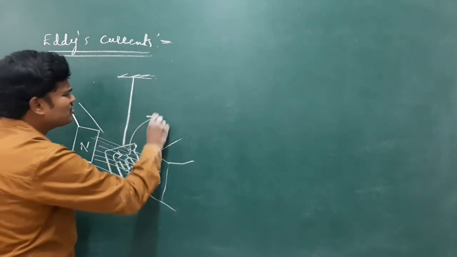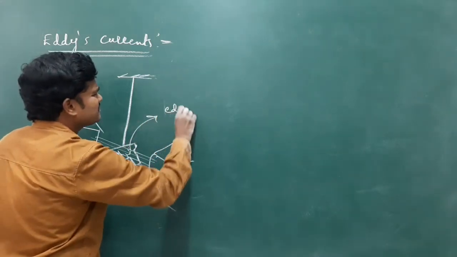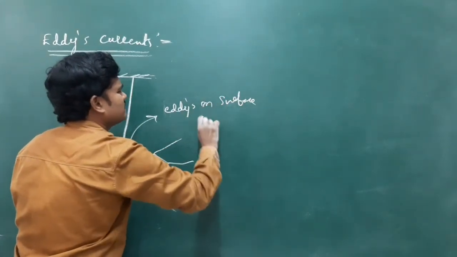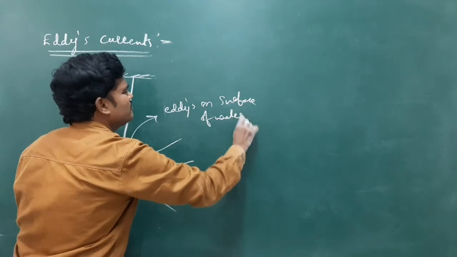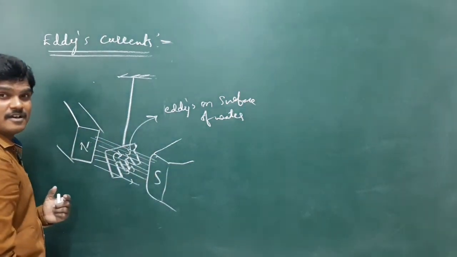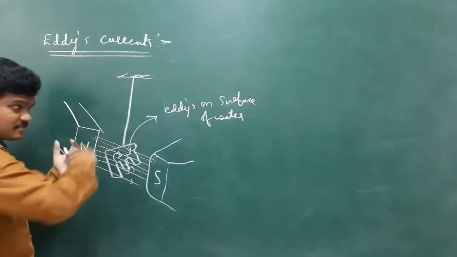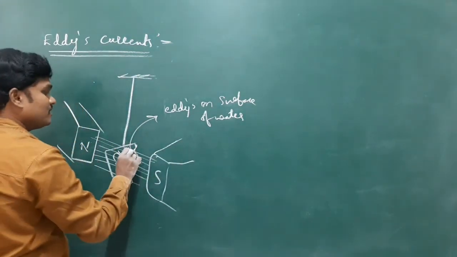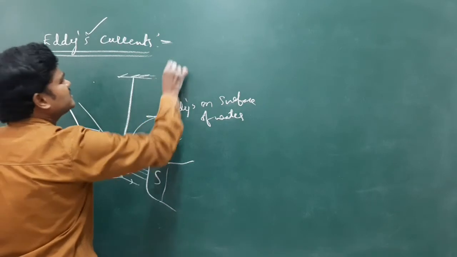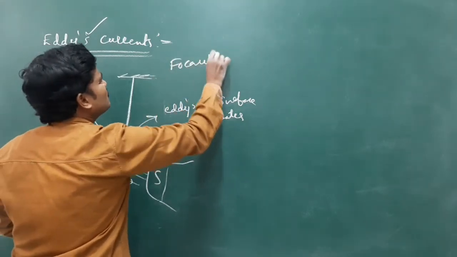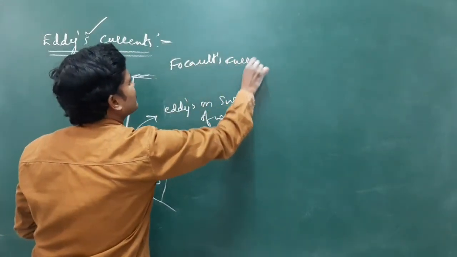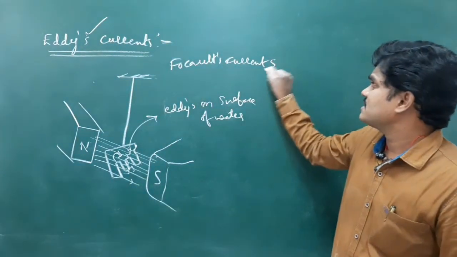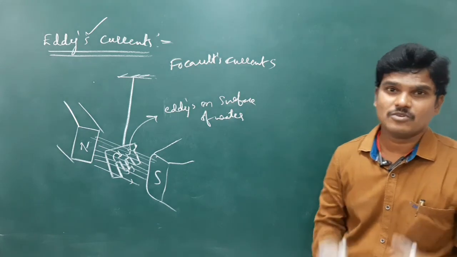These currents look like eddies on the surface of water, circulating, curling currents. So these currents are called eddy currents, or we can call them Foucault's currents. So what are Foucault's currents?